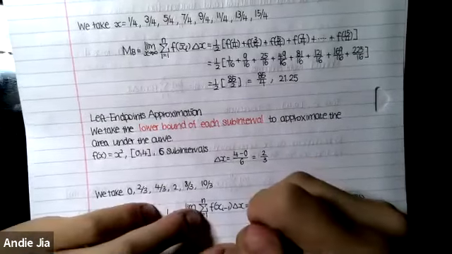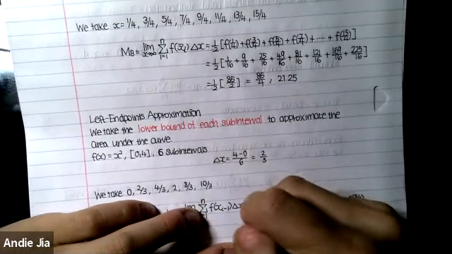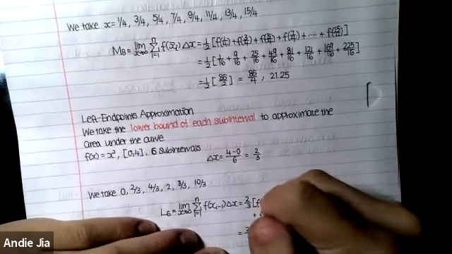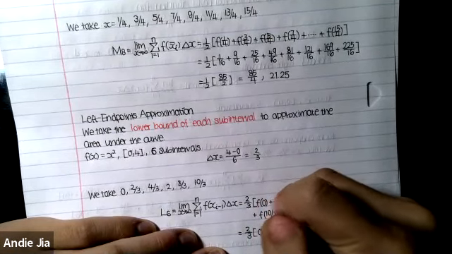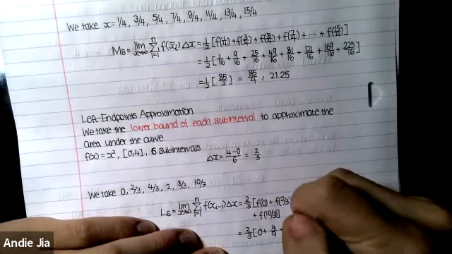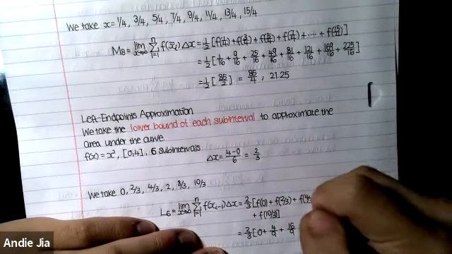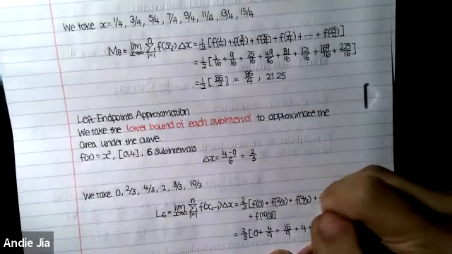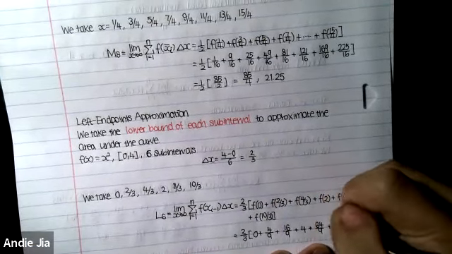Then what we have is 2 over 3 times 0 plus 4 over 9 plus 16 over 9 plus 4 plus 64 over 9 plus 100 over 9.